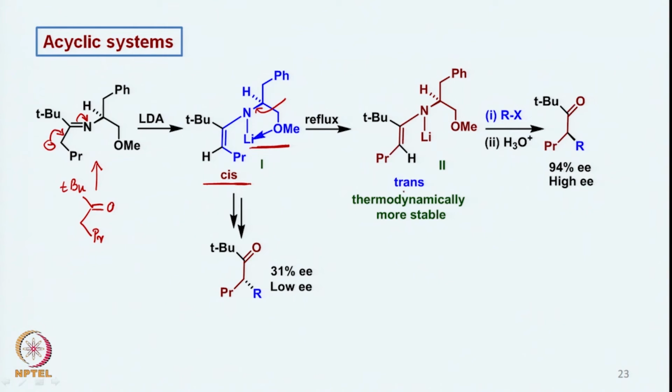As you can see from here, since the ketone is acyclic, there are two possibilities: one is a cis and the other is a trans imine or enamine to form. So when the deprotonation takes place, we can get this cis enamine where this particular group and this group here are cis to each other, or if we heat it, then of course this group and this group are trans to each other.